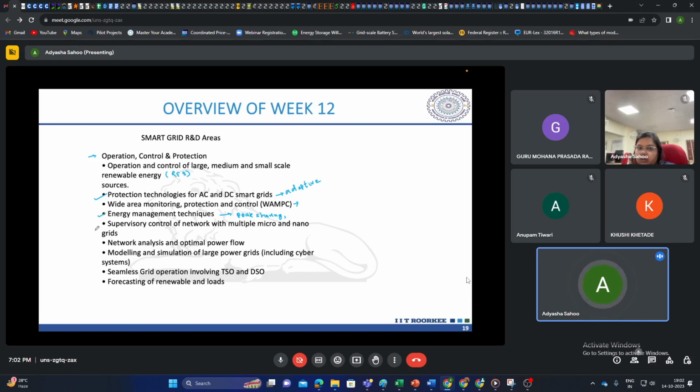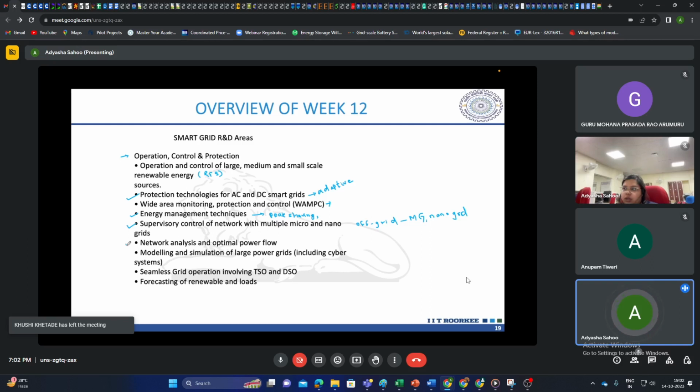Then supervisory control with the addition of multiple micro and nano grids. So basically the off-grid areas are being turned into micro or nano grids. So their operation and control has also to be managed.